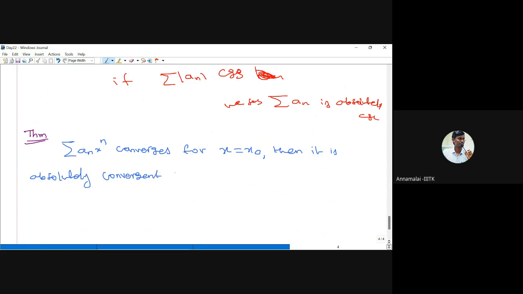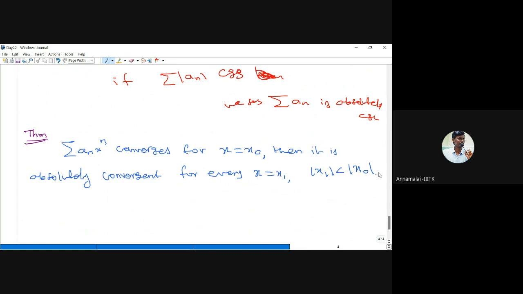It is convergent for every point x equal to x1. But what is the relation between x1 and x0? Modulus of x1 is strictly less than modulus of x0. So if you know the series converges at some point x0, then the series is absolutely convergent for all x1 with modulus less than mod x0.